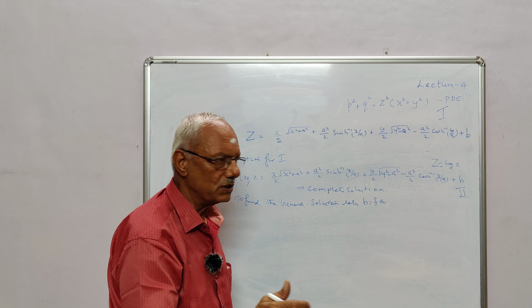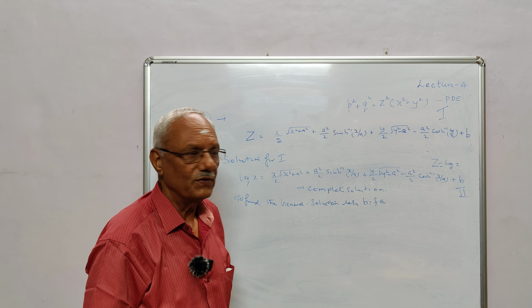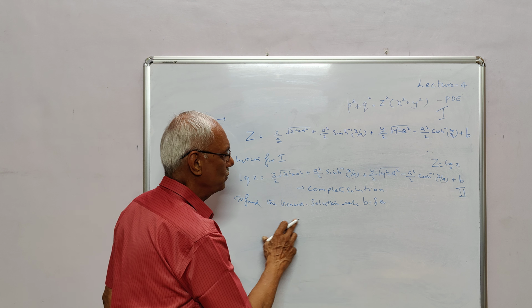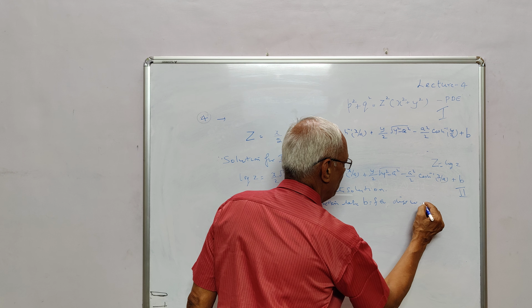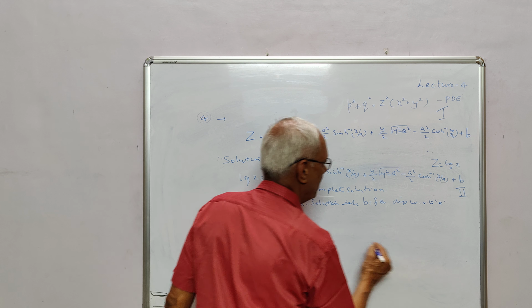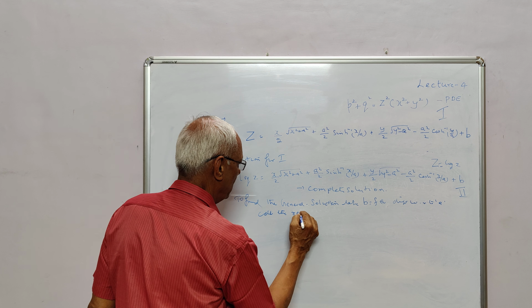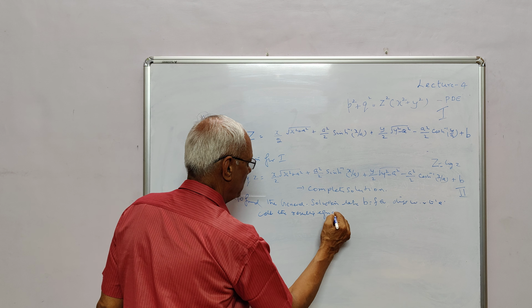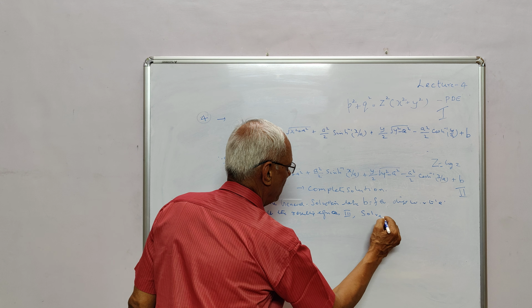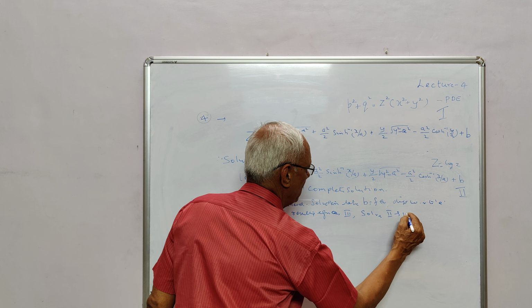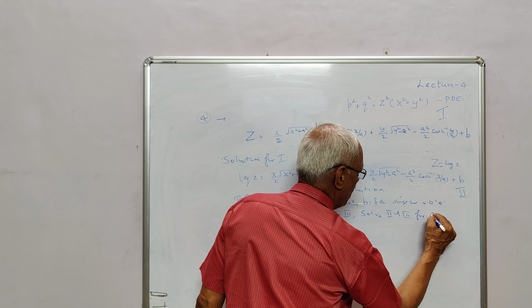To find the general solution, call the resulting equation 3, and solve 2 and 3 for a.